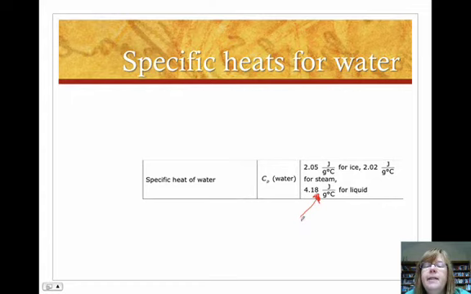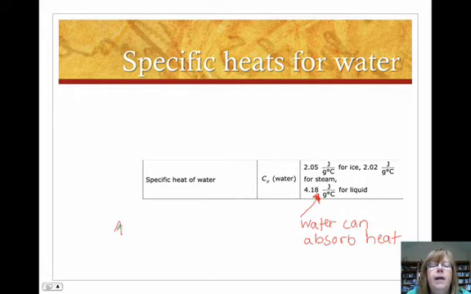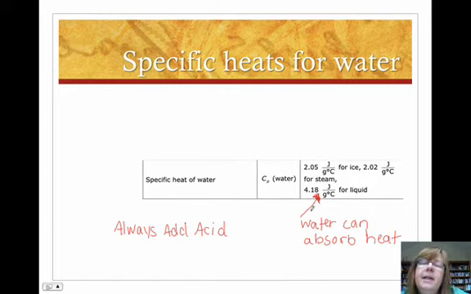And what that means is that water is good at absorbing heat. So water can absorb heat very well. And we've actually talked about this when we talked about diluting acids. Remember when we dilute an acid in water, we said to always add the acid to the water, the AAA. Always add the acid to the water. And that's because you'll have that amount of water in there to absorb the heat that will be generated.